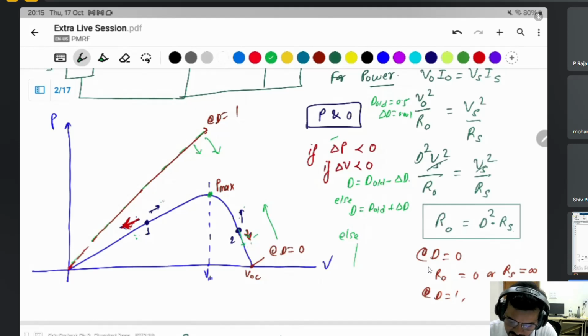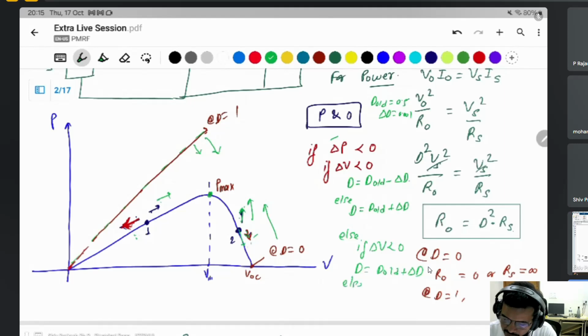It means delta P is increasing. Again, we have to check if delta V is less than 0, then which condition is it? This condition is there. Then in this condition you have to add to the duty cycle: d is equal to d old plus delta d.